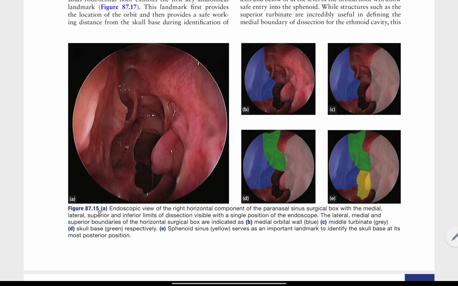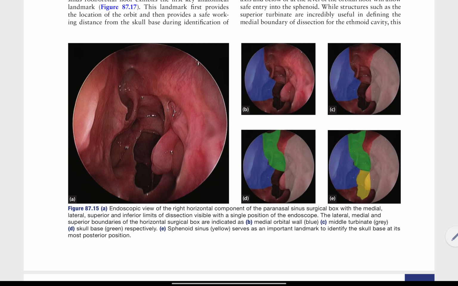Figure 87.15. A is the endoscopic view of the right horizontal component of the paranasal surgical box with the medial, lateral, superior and inferior limits of dissection visible with a single portion of the endoscope.